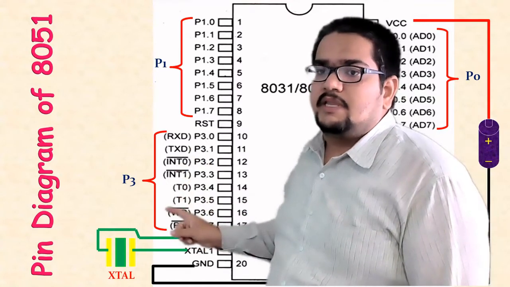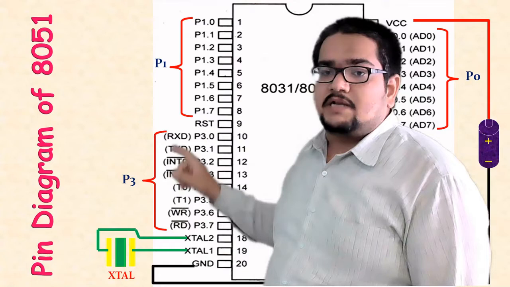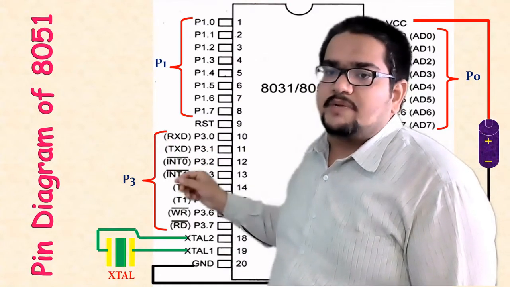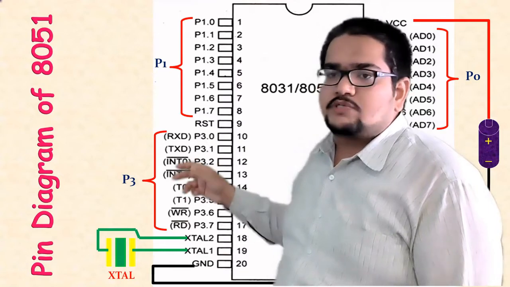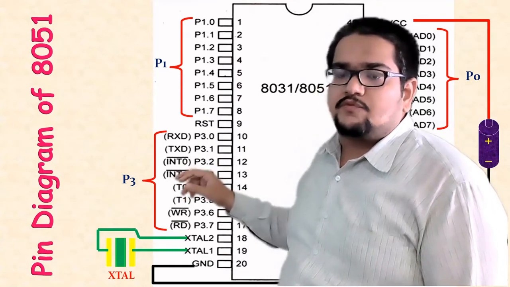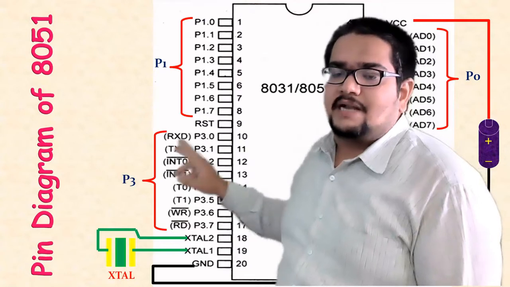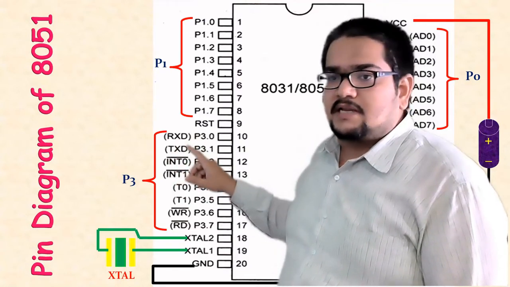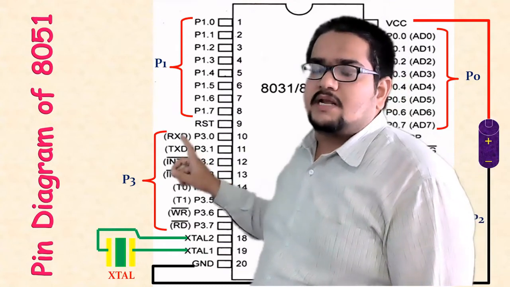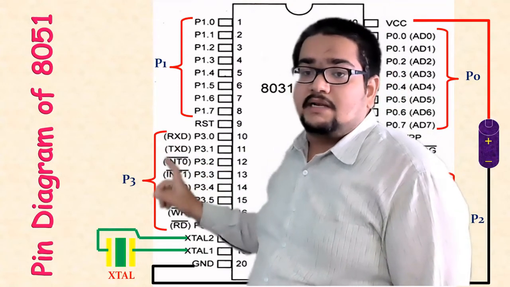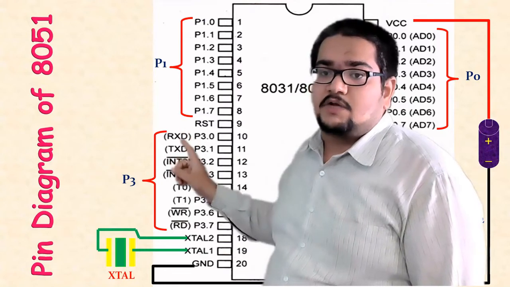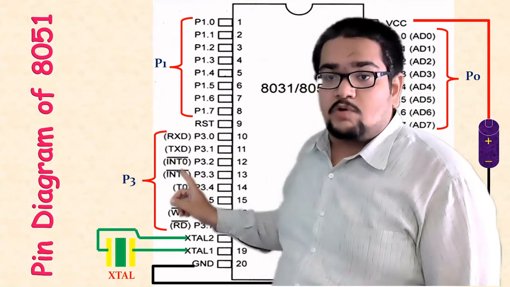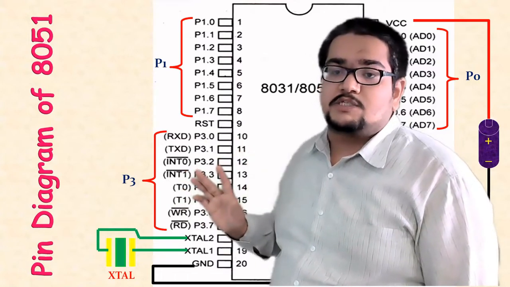These pins have dual functionality, and the functionality is written there. P3.0 and P3.1 are the least significant 2 bits of port 3. They can obviously be used as IO ports, but if you don't want to use them as IO ports, they will work as the TXD and RXD pins of serial communication. We have already talked about TXD and RXD: they are the dedicated transmission and receiving channels of serial communication in the 8051. Apart from this, we have talked about 5 interrupts in the 8051.